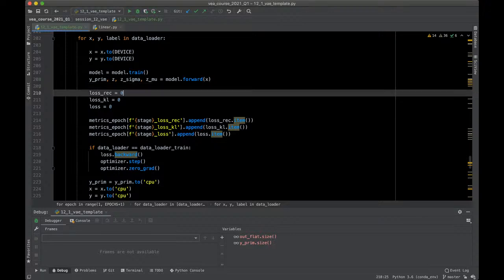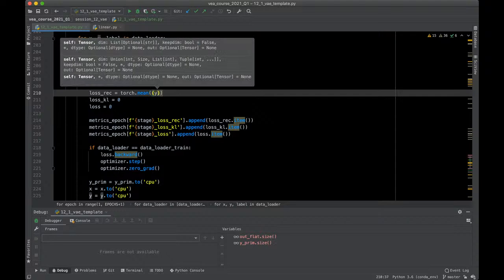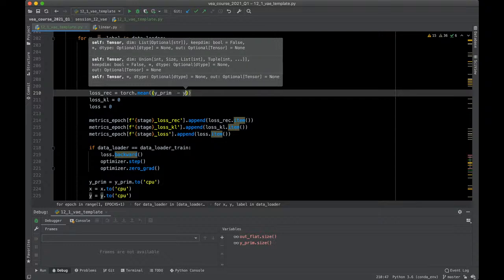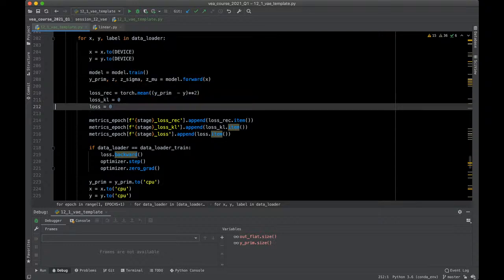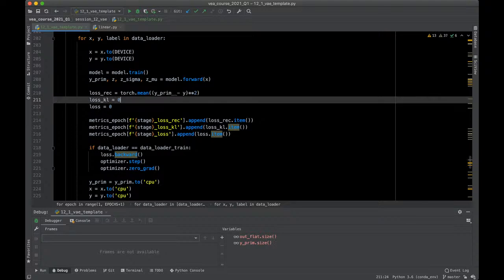We'll have the torch mean. This one you can write yourself with no problem, in the middle of the night, right? Y minus y prime, so the mean square error, or you can write the absolute mean error or whatever. And then the KL part. I think the equation that I gave you is definitely not right.